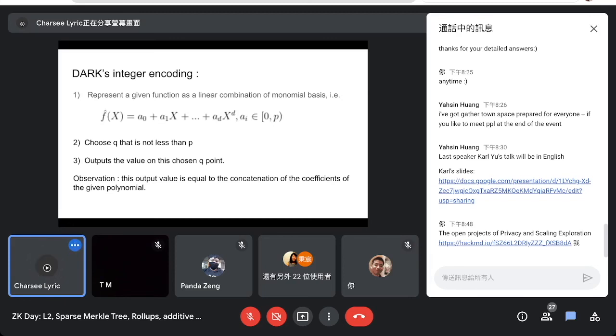So the coefficients of these polynomials are actually a modulus of the prime, right? If you go through this, you can see the output value is equal to the concatenation of the coefficients of the given polynomial, right?